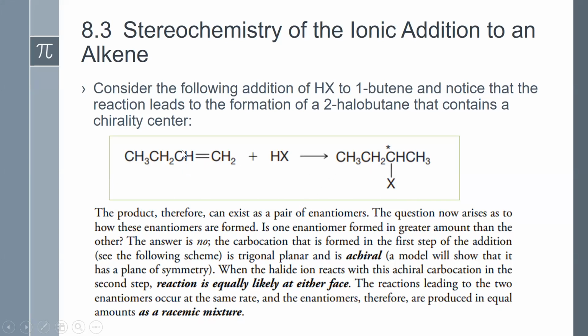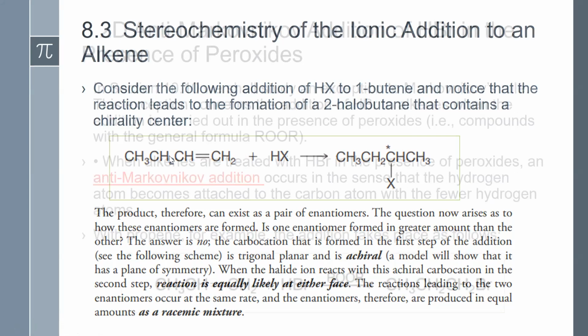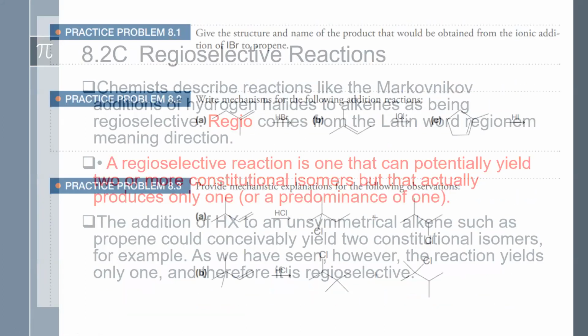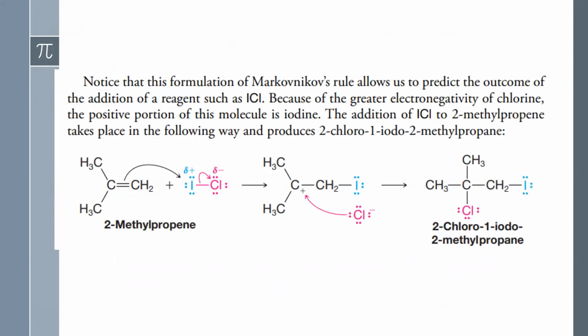Remember that once you form a carbocation, there are two ways your halide can add, above and below the plane. The answer is that the carbocation formed in the first step of the addition is trigonal planar and is achiral. So when the halide reacts with the achiral carbocation, the reaction is equally likely at either face. Let's go back here. Let's say you have the carbocation here.